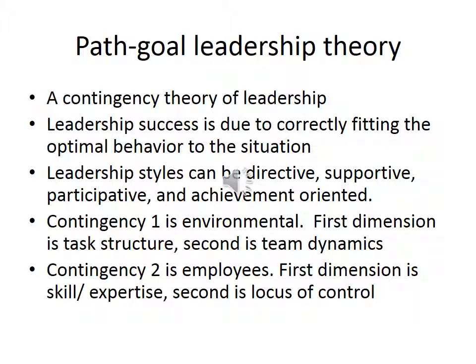So if you're stretching your employees, that's an achievement oriented behavior. So there are four types of behaviors or leadership styles. Now, the challenge of a leader is to match the behavior with the contingency. Now, there are two contingencies identified in the path goal theory.